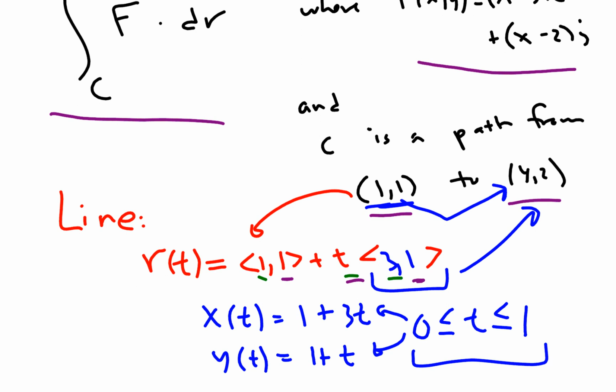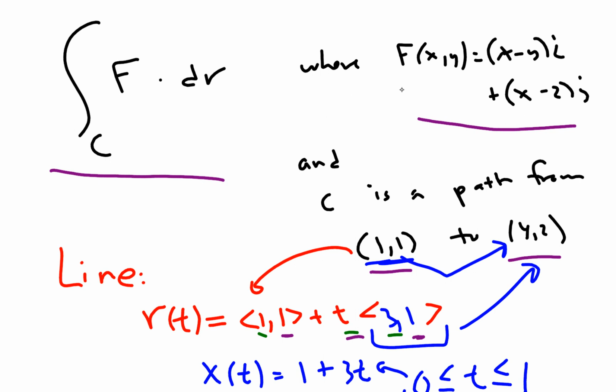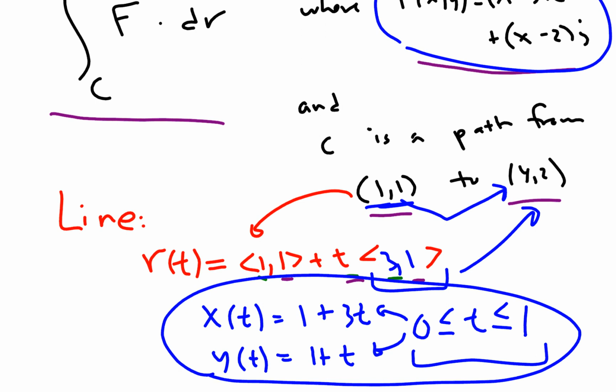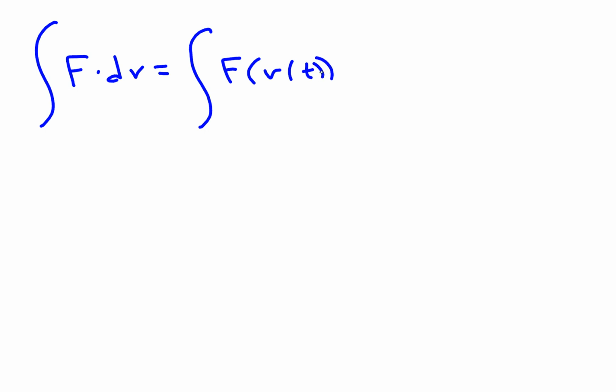So what I'm going to do now is evaluate this line integral. We need this vector field and we need this parameterization. So let's go do that. First things first, remember if we're going to do a line integral of F dot dr, we've shown in prior videos that the nicest way to do that mechanically is to take r(t), plug it into F, so you're rewriting your vector field as a function of t, and then dot that with the derivative of your parameterization, dt.